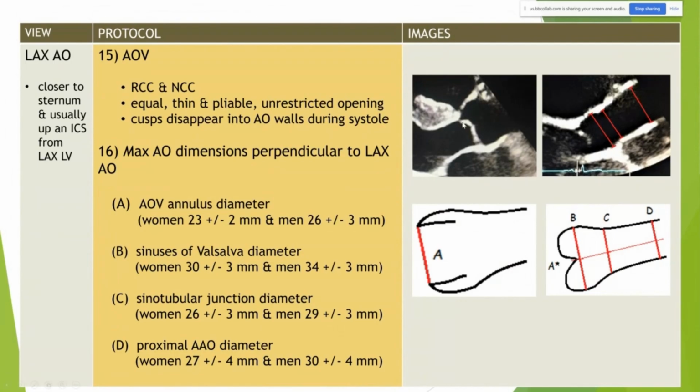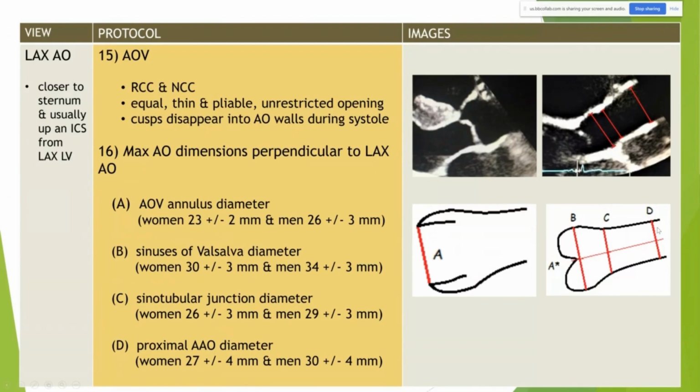So what you're going to see is your right coronary cusp and your non-coronary cusp, your sinus of Valsalva, and that's where you'll measure your aortic root, your sinotubular junction, and the proximal ascending aorta. Make sure that these are all leading edge to leading edge, not inner edge to inner edge, but leading edge to leading edge. Do you see this diagram right here? They're done in end-diastole, leading edge to leading edge.